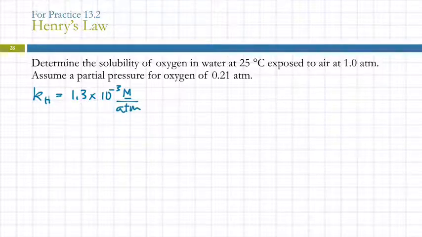So the question says, determine the solubility of oxygen in water at 25 degrees Celsius exposed to air at 1 atmosphere. Assume a partial pressure for oxygen of 0.21 atmospheres.